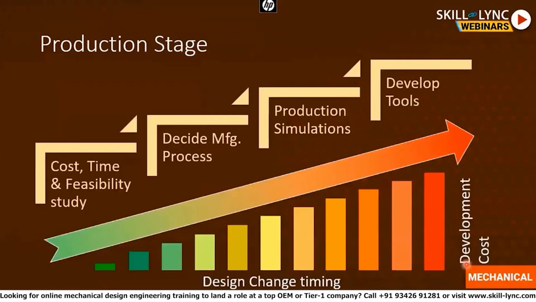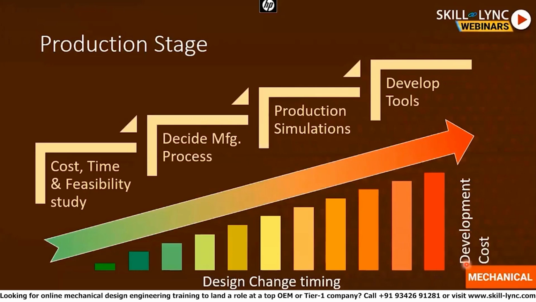And finally comes the production stage. We started from concept stage, proceeded to the design and development stage, finally into the production stage. Production stage, of course, is controlled by the cost, time, and feasibility, which have to be confirmed, because every design, every imagination cannot be made into a product.